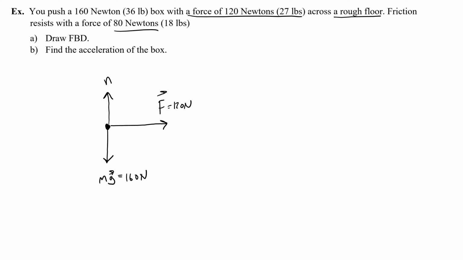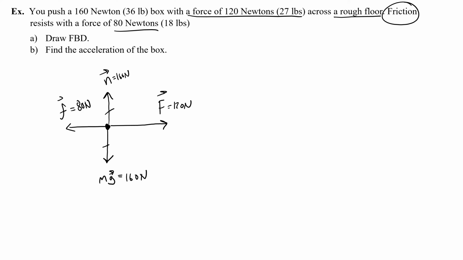And since the box isn't on an elevator, it's not being lifted up or down, then we would say the normal force is equal to the weight. And now I have friction. Now, friction resists. So in this problem, it's assumed that friction would be to the left. And I'm going to label it like that. 80 newtons of force, so I can write 80 newtons like that. Okay, that's our free body diagram.